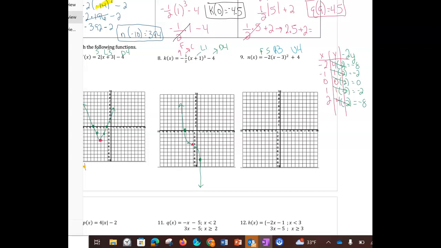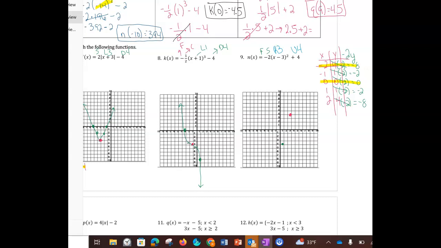So starting with my 0, 0, this is going to be a U shape when we're done. I'm going to go right 3, up 4. All right, from there, I'm going to take my -2, -8 point. So from my pink point, I will go left 2, down 8.